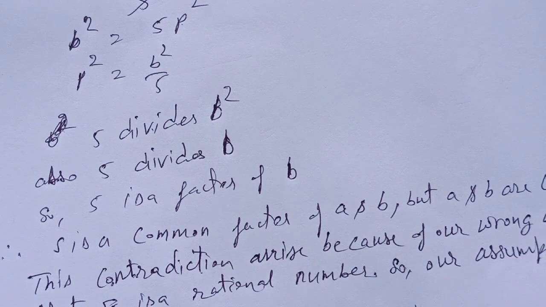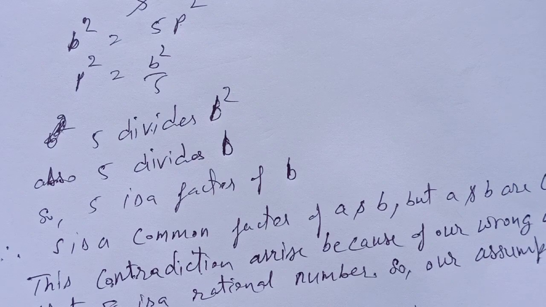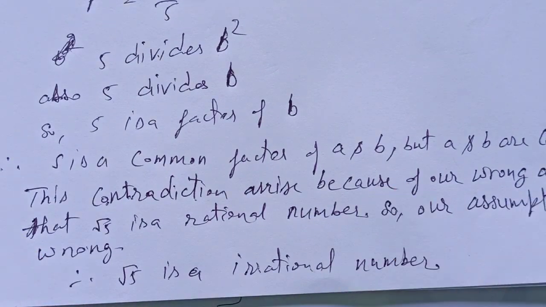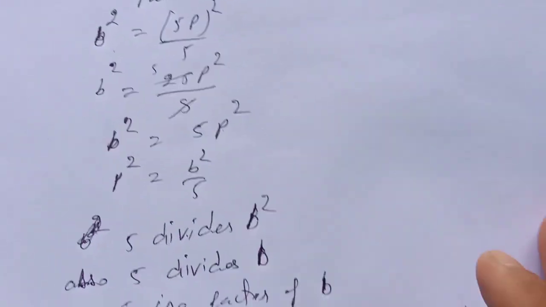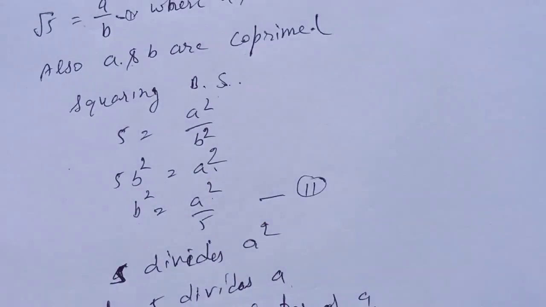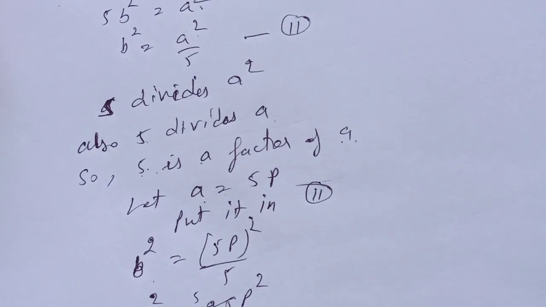This contradiction arises because of a wrong assumption that root 2 is a rational number, so our assumption is wrong, hence root 2 is an irrational number. This is the complete solution. If it becomes root 2, root 3, root 7, anything, we can use the same method to solve this type of question.